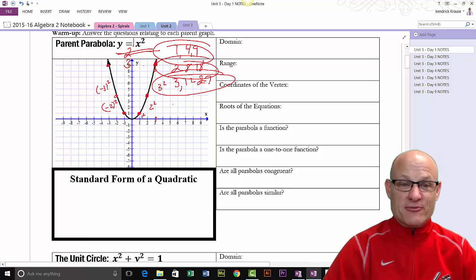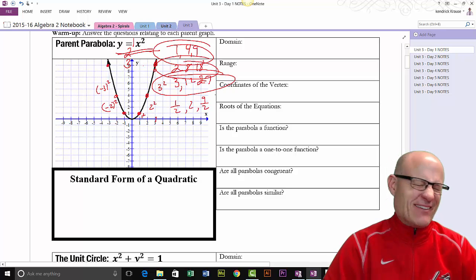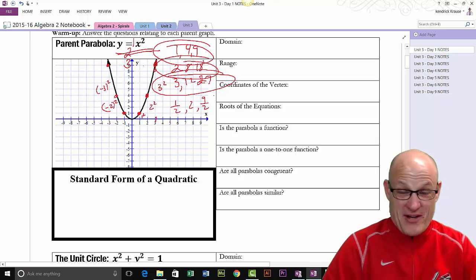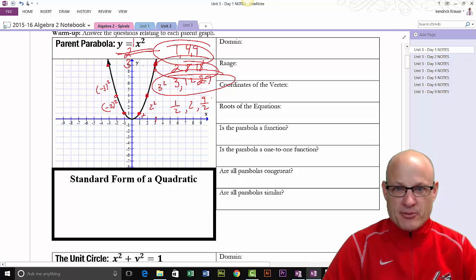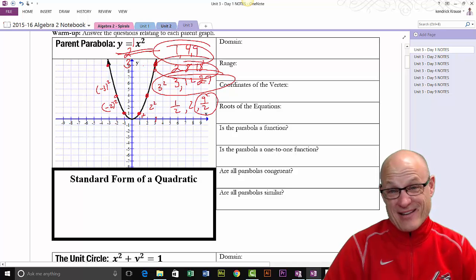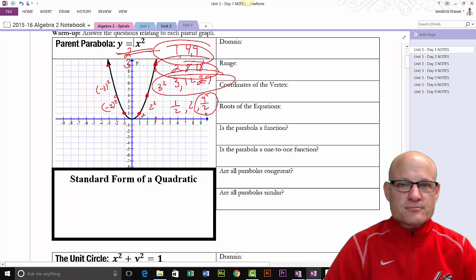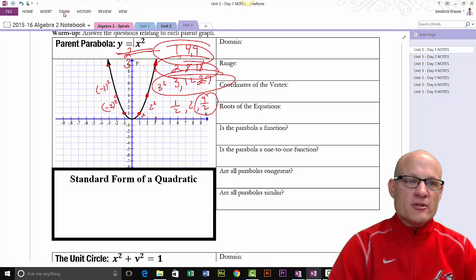What if I put a 1/2 in front? Well, it's going to be 1/2, 2, and 9/2. Oh my God, Mr. Cross, do you mean 4.5? You people and your decimals. In this case, 4.5 is probably more helpful than 9/2 because 9/2 is hard to graph, but 4.5 is not too bad to graph. But I'm still getting aggravated by those decimals.